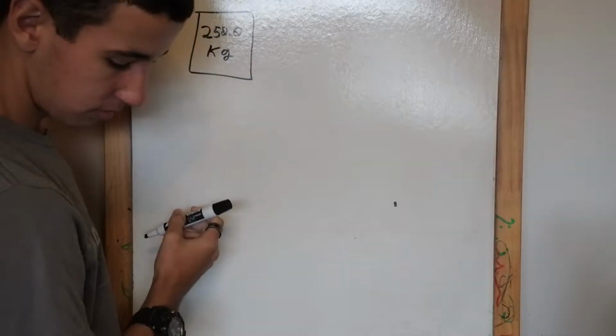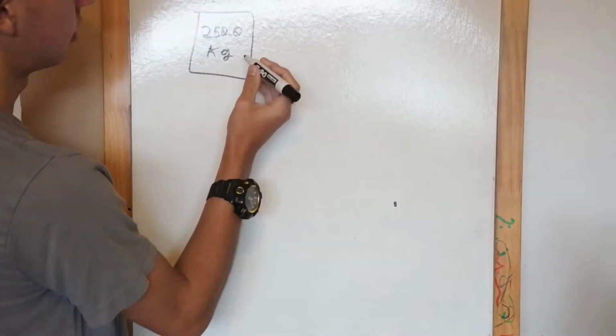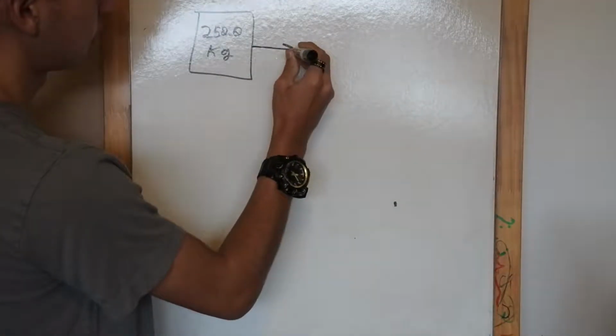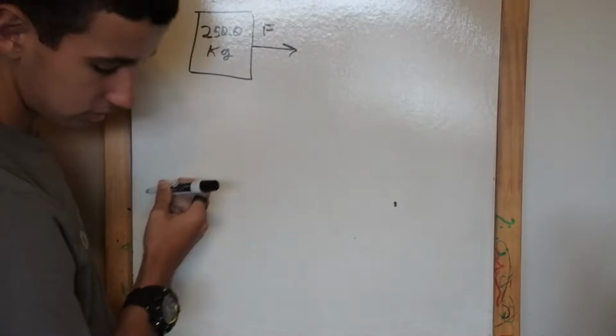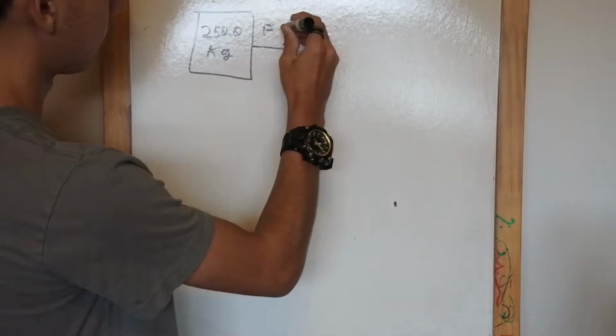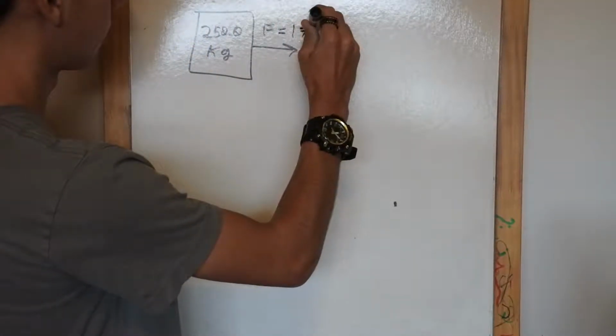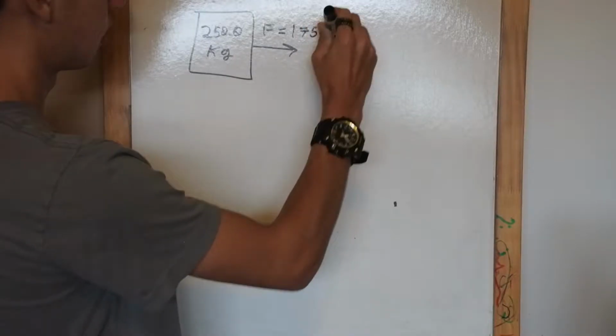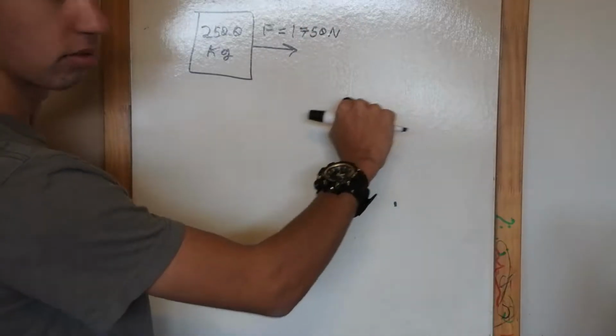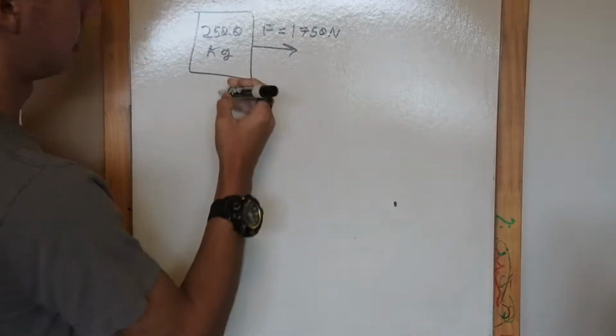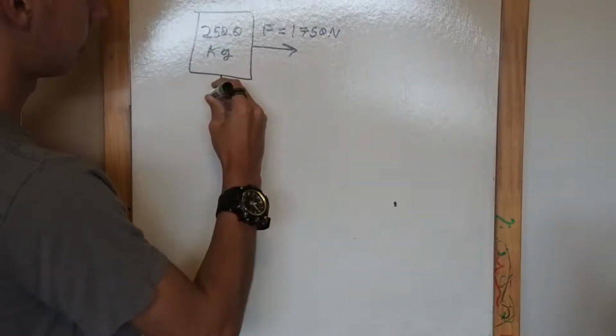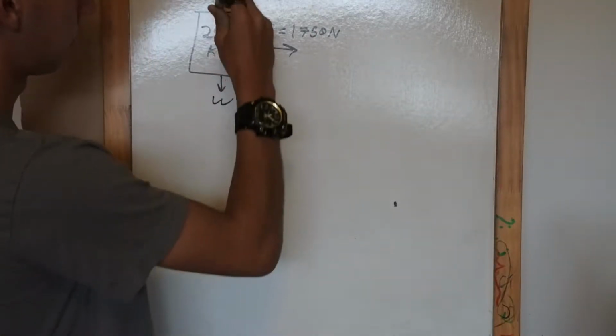Okay? And we have the force of the guy pulling, which is given as 1750 newtons. So he's pulling the box this way. You see how that works? And then we have the weight pushing down on the earth.